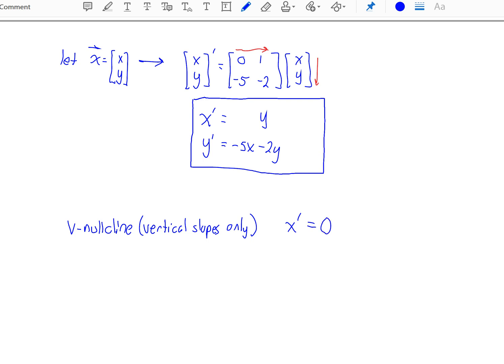If you have vertical slopes, then your lines have to be moving up and down, which means there's no horizontal movement. X prime has to equal 0. So grab your x prime equation, which is y equals 0. This is your vertical null cline.